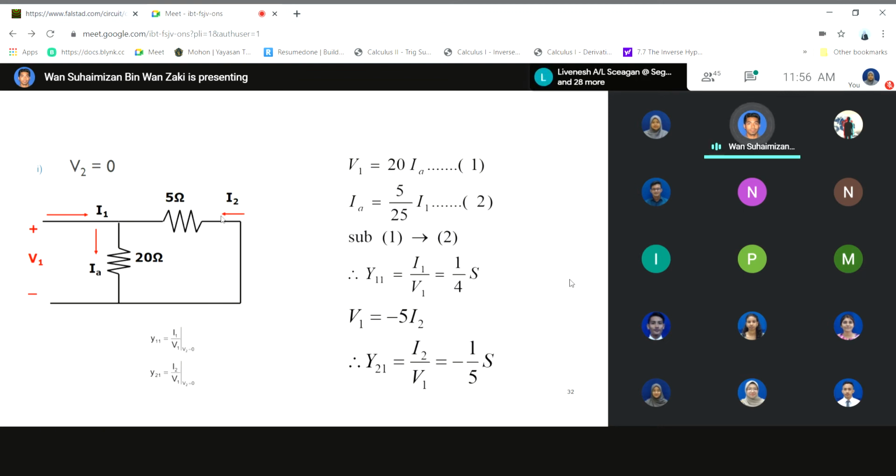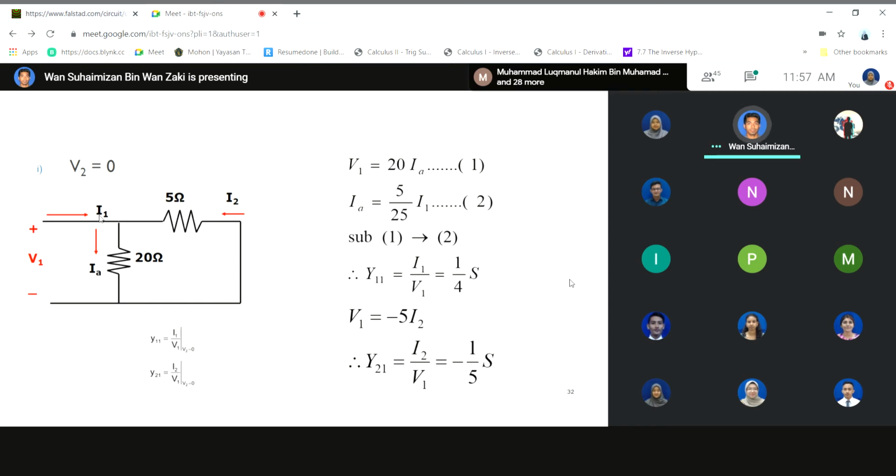From this circuit, you need to do the analysis. Where is your V1? V1 will be here, but V2 will be 0. I2 is still here because this is a complete circuit. The I2 goes into port number 2. This is a fixed direction for I2, and this is a fixed direction for I1.